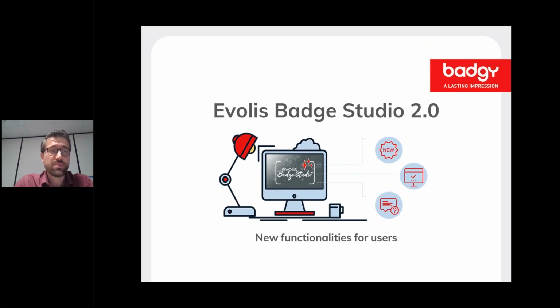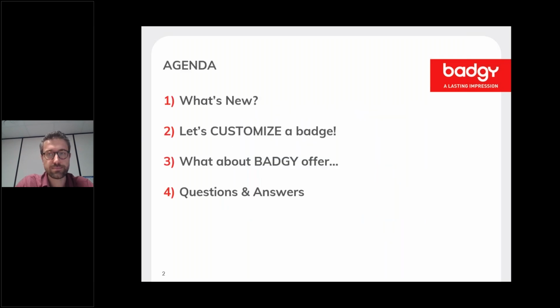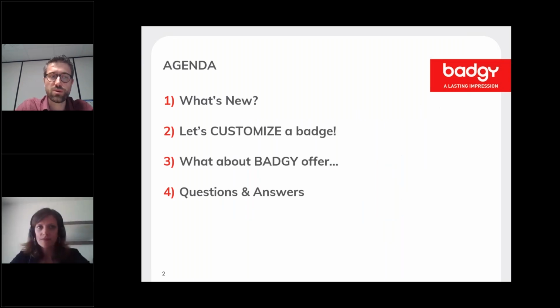So let's start with this webinar. It will be divided into 4 parts. The first one, called What's New, deals with the new functionalities of this software. The second one is called Let's Customize a Badge. During around 15 minutes, through a demonstration, I will show you the strong points of this software solution and how to create your identification cards easily.